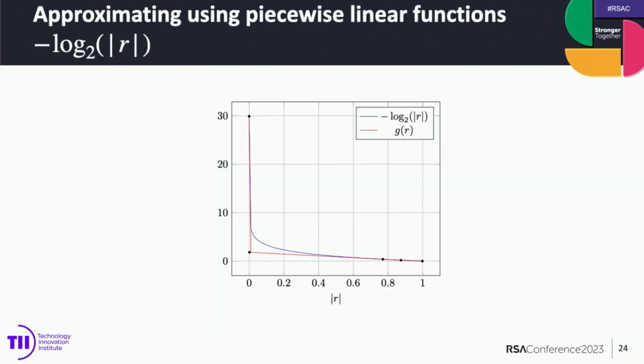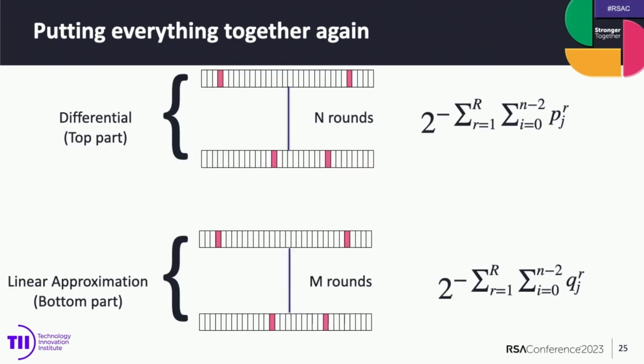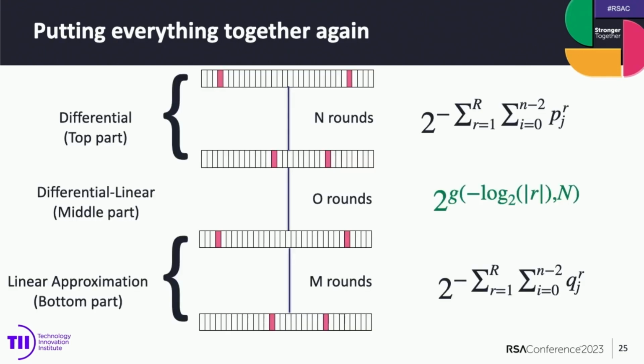Because normally in MILP solvers there is no such approximation as a built-in function, as a built-in method. This is why we need to approximate this log function by using piecewise linear approximations.